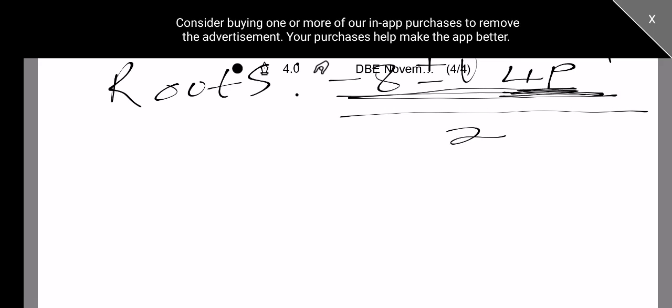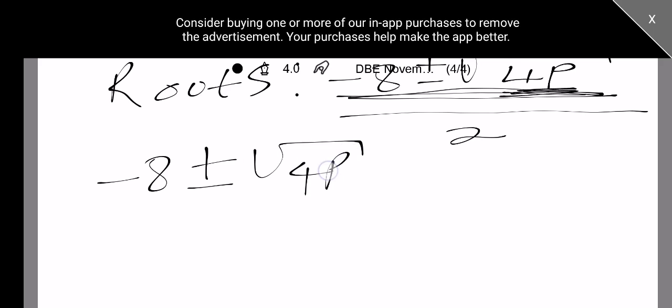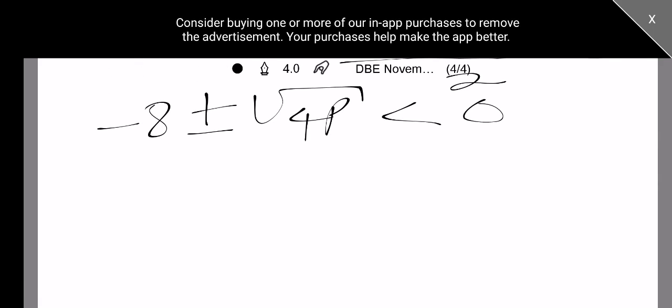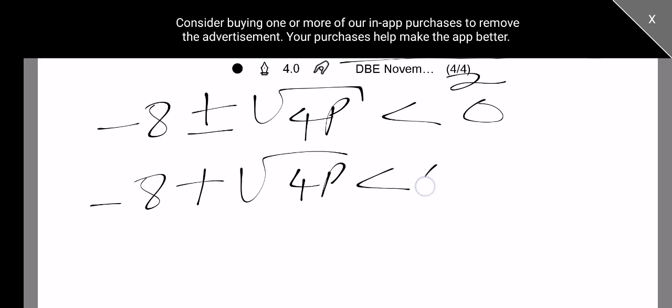I'm going to show you with a graph. So negative 8 plus or minus the square root of 4p must be less than 0 for the roots to be negative. So let's simplify this. Okay, I'm just going to use the positive one. Negative 8 plus the square root of 4p is less than 0.